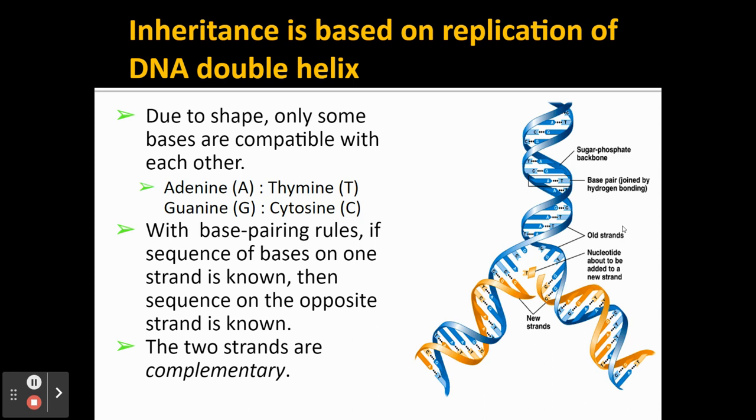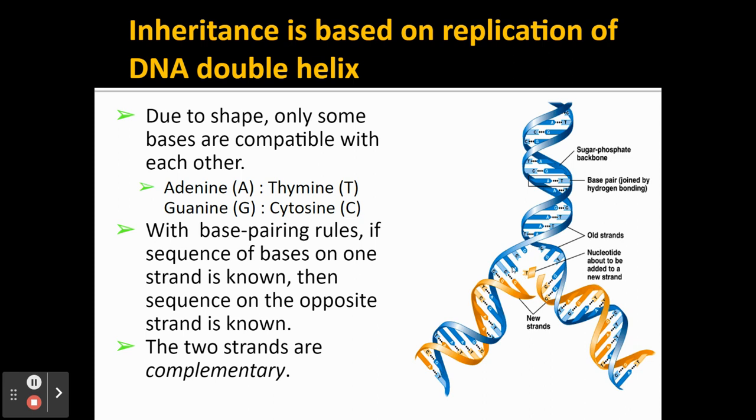Okay, we have the base pairing rules: A pairs with T, G pairs with C. And when these strands are split apart prior to DNA replication, each strand now acts as a template for a new strand.